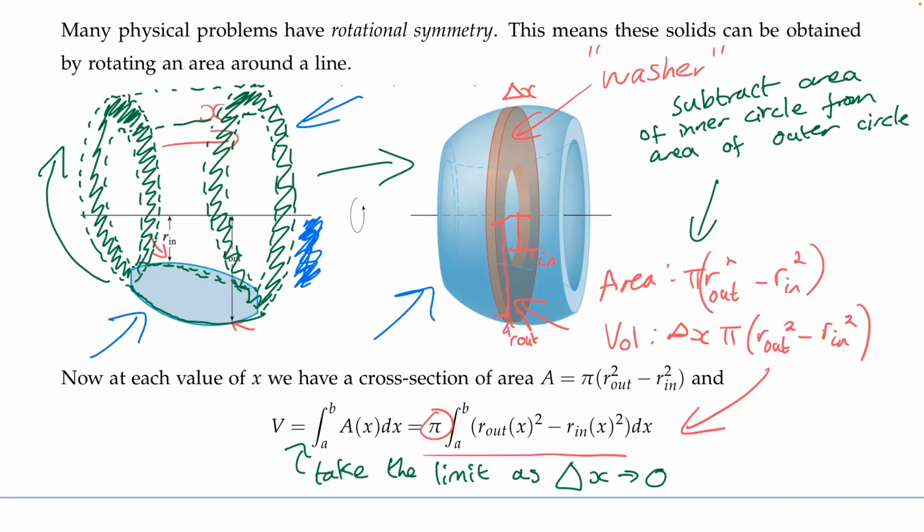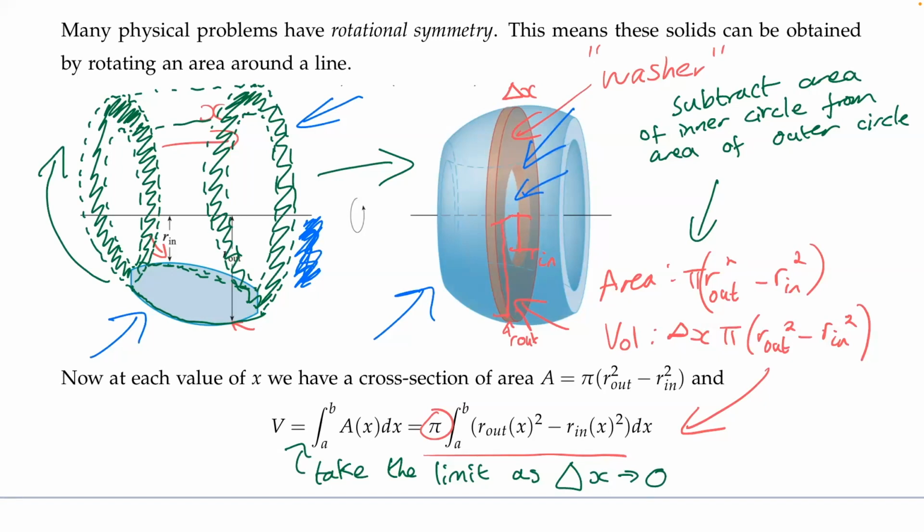We need to think about the volume of, well, first of all, work out the area of this ring. The area of the outer ring is going to be pi r squared, where r, let's call it r out, pi r out squared, so that's the outer radius. But it has a hole in the middle. So we need to subtract the area from the inner part that we've cut out.